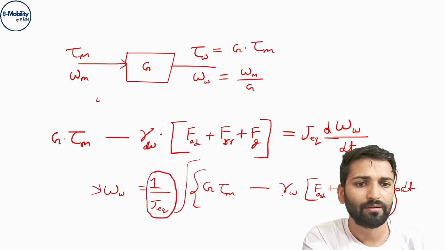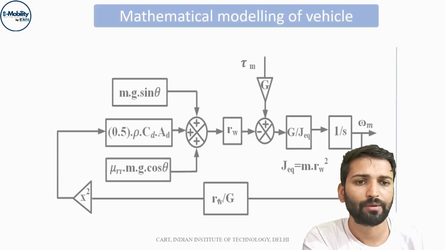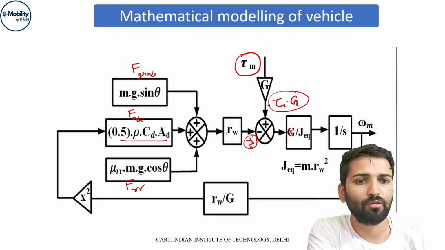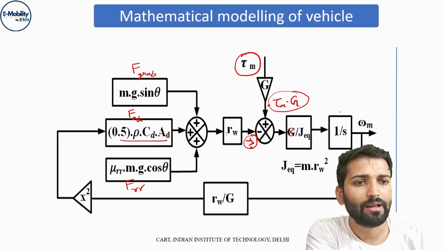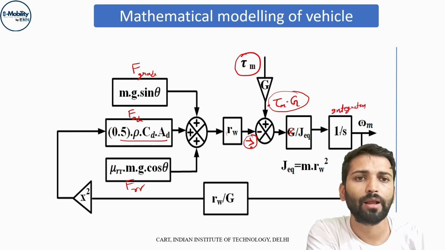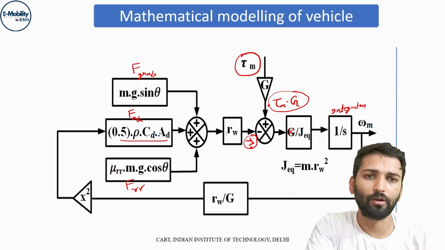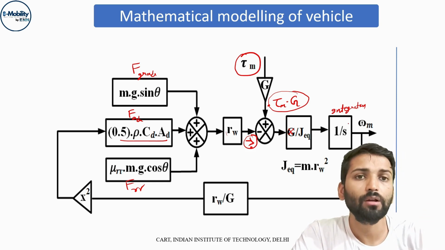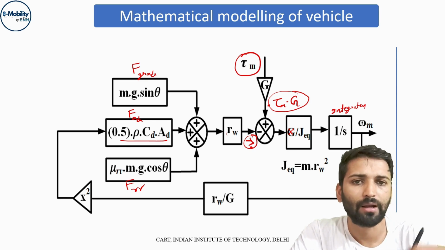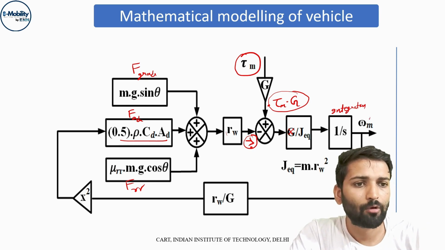I am doing the same thing in this expression in MATLAB Simulink. So we do this 1 upon J equivalent, and then we are integrating. This 1 upon S is the integration in the S domain, or the Z domain in case of MATLAB. This is how I am obtaining this omega.